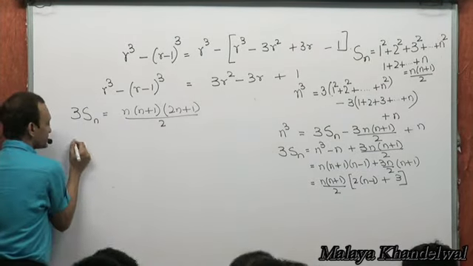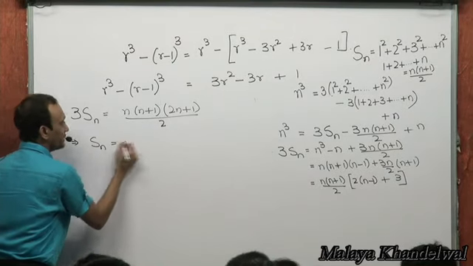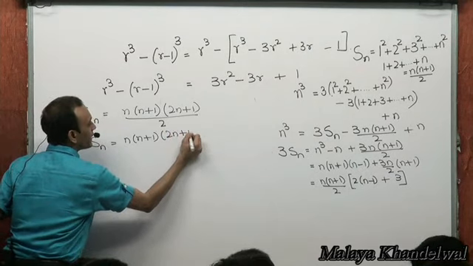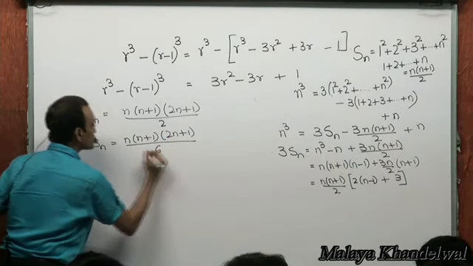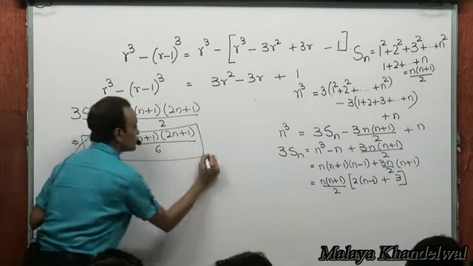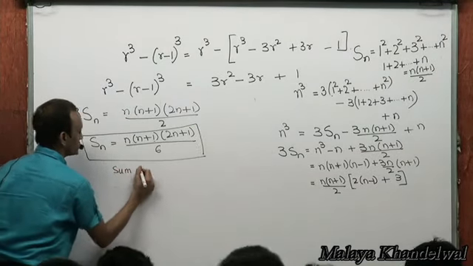So that gives me Sn equals n into n plus 1 into 2n plus 1 by 6, which is the sum of the squares of the first n natural numbers.